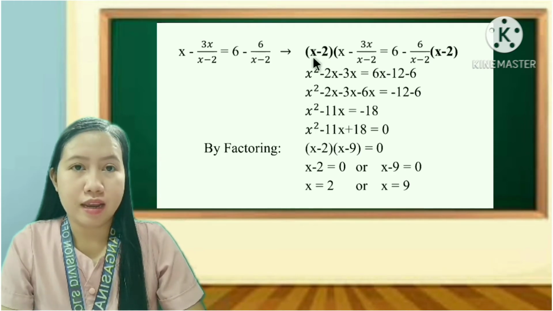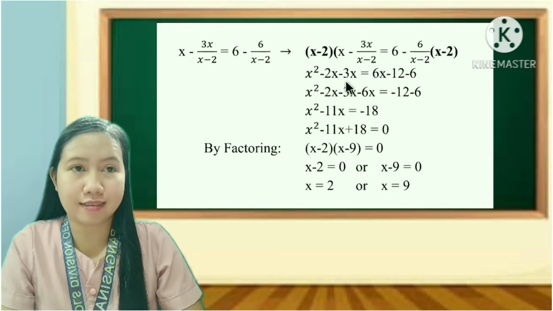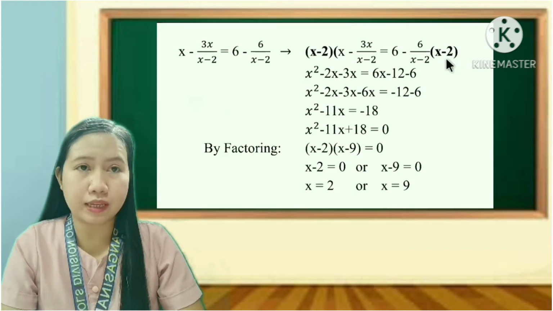Next one, x minus 2 multiplied to 3x divided by x minus 2. We just simply cancel this one and cancel. So the remaining will be minus 3x is equal to, in the other one, again, we're going to use the distributive property.